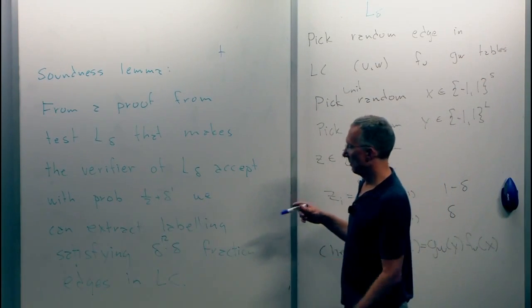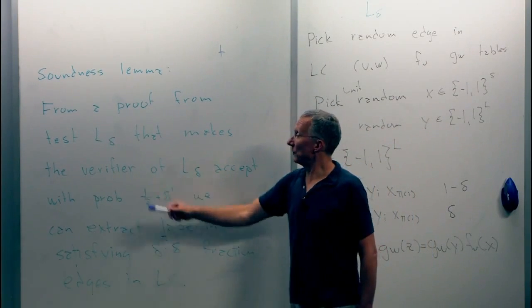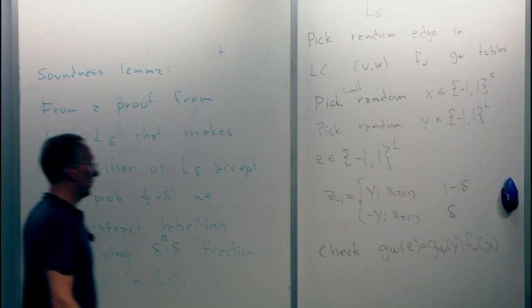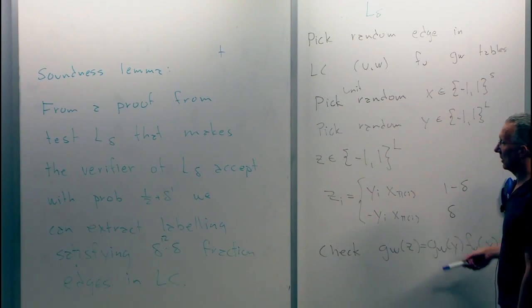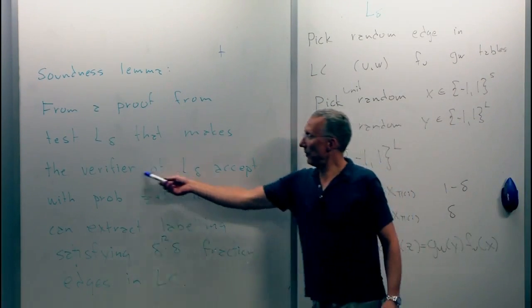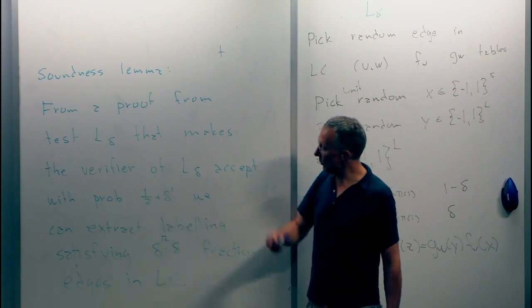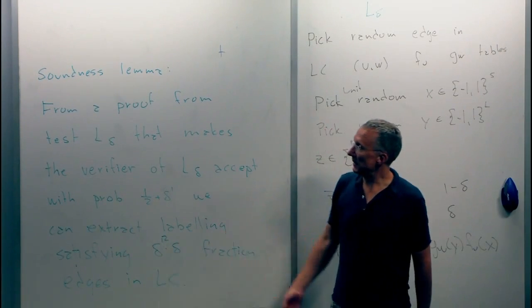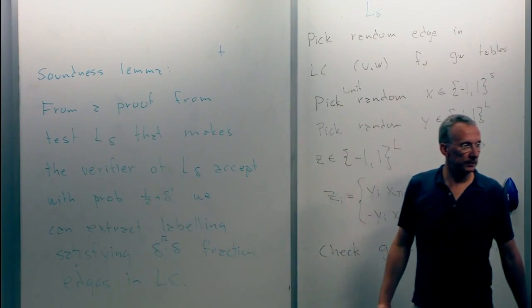We're just checking whether 2 bits are equal, so we can only hope to have soundness like a half here. But I say that if we have a proof that makes the verifier of this protocol accept with slightly more probability, then in fact we can extract a labeling that satisfies a good fraction of the edges in the label cover.